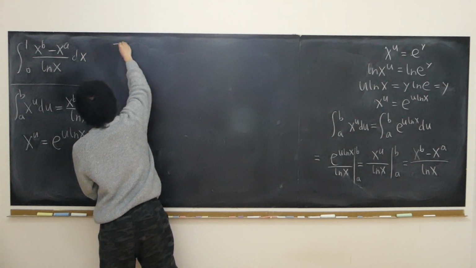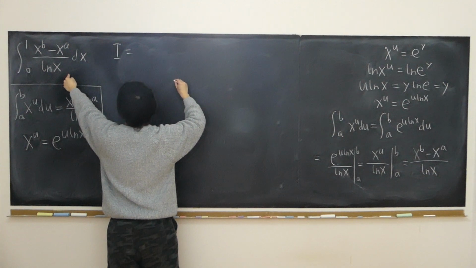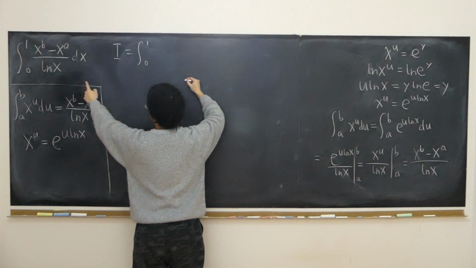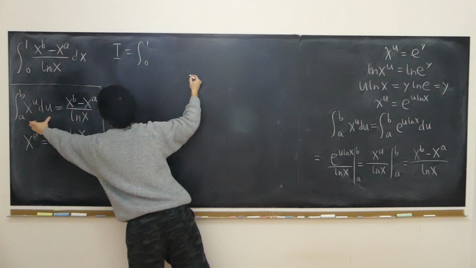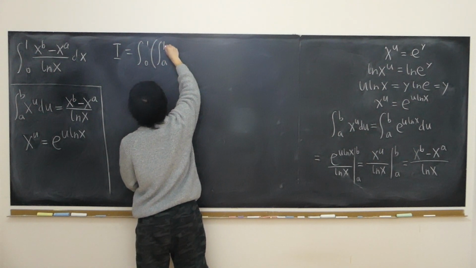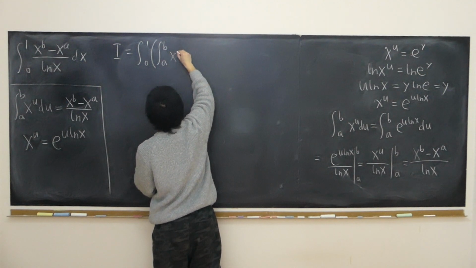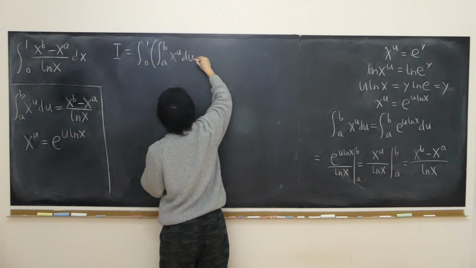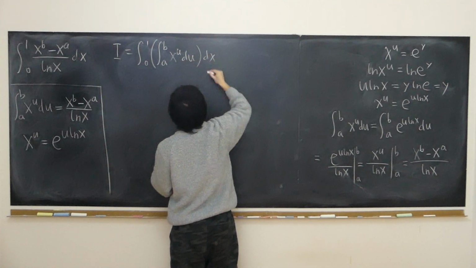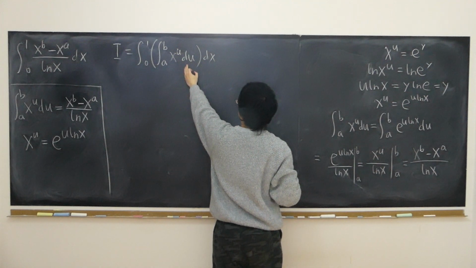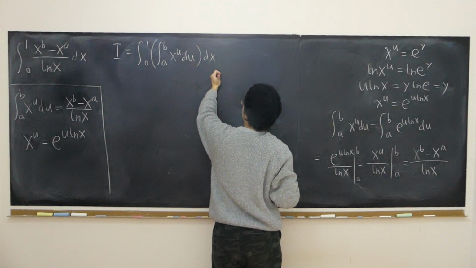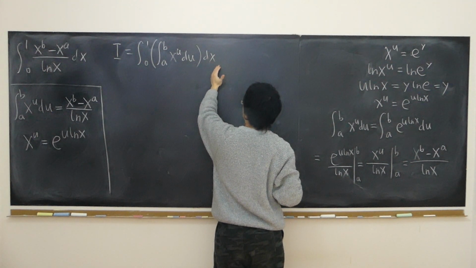This original integral can be written as the integral from 0 to 1 of the bracket, integral from a to b of x to the power of u du, close bracket, then dx. So first of all, we integrate the inside with respect to u. Then we integrate with respect to x.